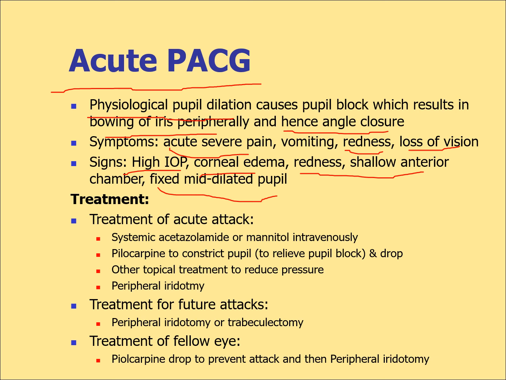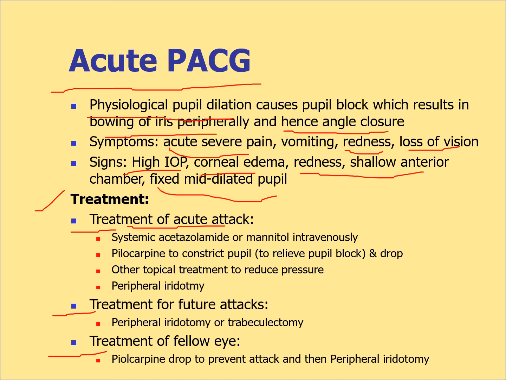because of the ischemia, fixed mid-dilated pupil. Now the treatment can be divided into three parts: the treatment of the acute attack to relieve the pain, then the treatment to prevent future attacks, and the treatment of the fellow eye so that the fellow eye doesn't develop angle closure glaucoma.